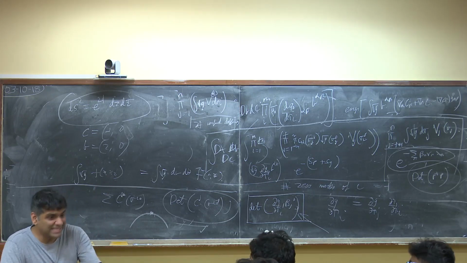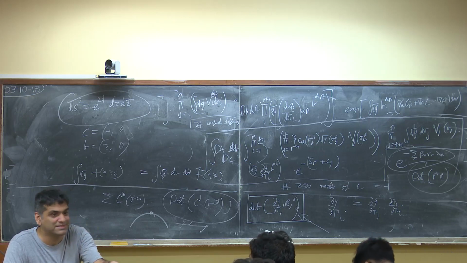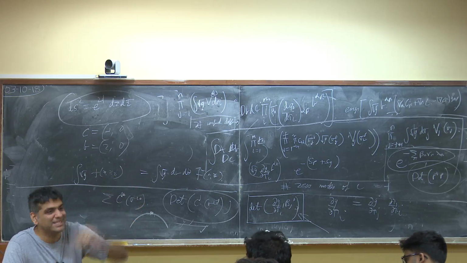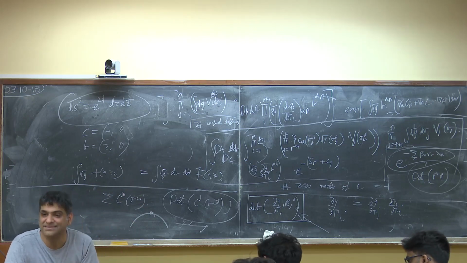So C transforms exactly like a vector field transforms under diffeomorphism, and the analytic part of that transforms like a 1, 0 tensor. The anti-analytic part transforms like a 0, 1 tensor.